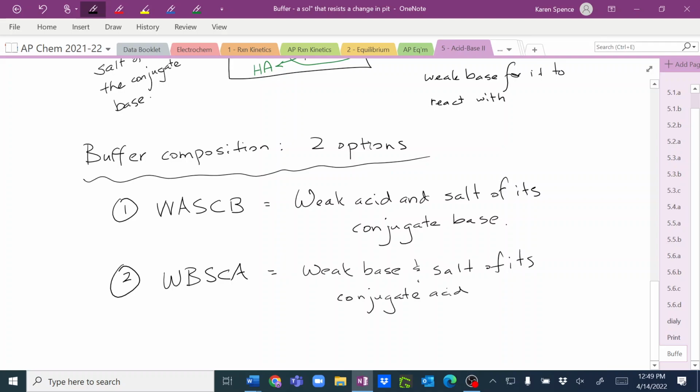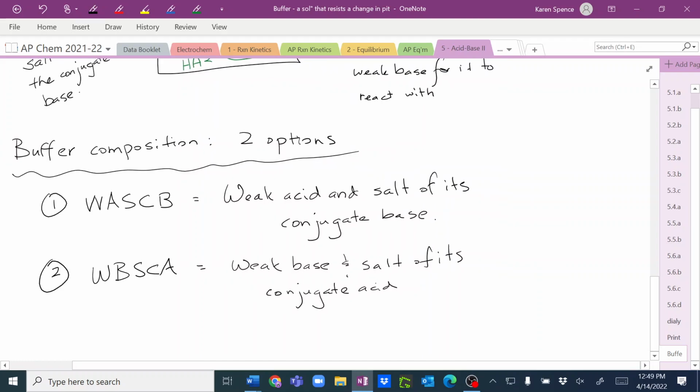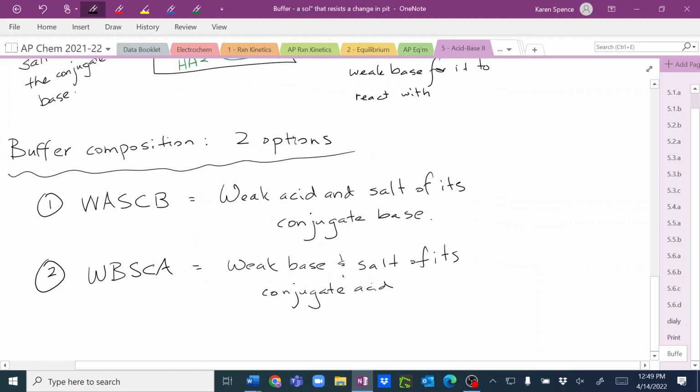So for our weak acid and a salt of its conjugate base, you could have, for example, HF and what would we put with it? NaF. And you're always going to pair up that ion with something that's pretty non-reactive. So who's your best choice? Our good friend, sodium.